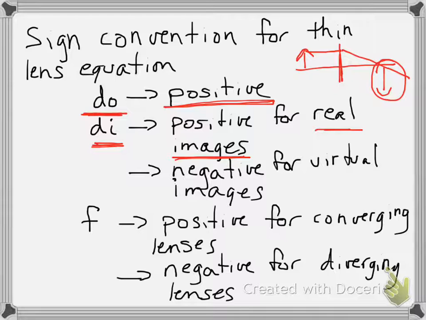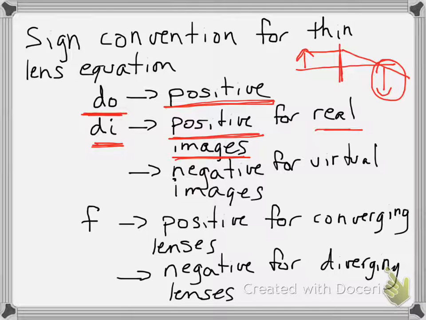It's usually inverted, but you would be able to capture that on a screen. If it's a real image, then that is positive. So when you read a word problem, that's important to remember. If it's a real image, you've looked at those ray diagrams, you know what's going to be real and what's going to be a virtual image, then that has to be positive.